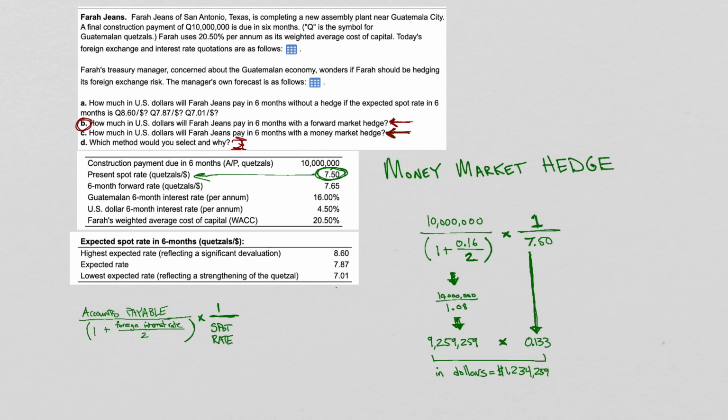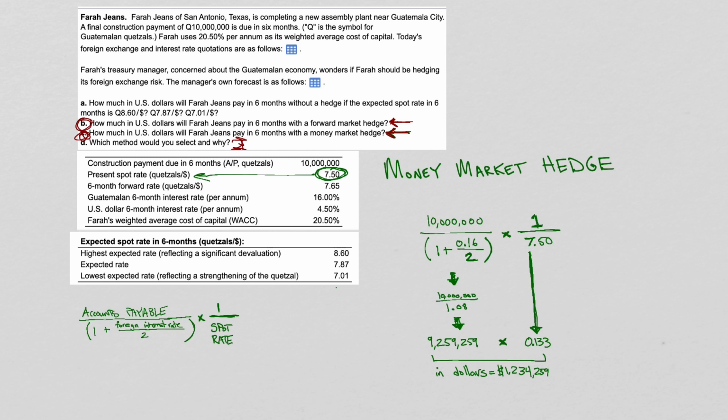And then when the forward rate comes due, the time to make our payment comes due, then we translate the dollars into Quetzals and do our thing. With C, though, we've taken our dollars and immediately converted them into Quetzals today, not 6 months later.